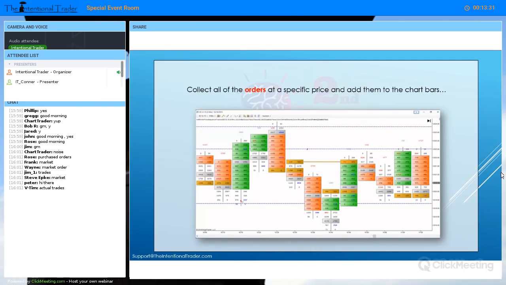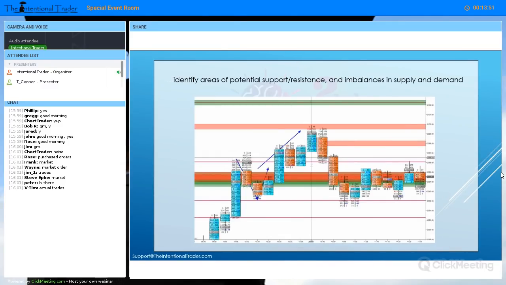We would rather think about having lots of numerical information, which removes us from having to be accountable for understanding what makes markets move. So in these charts, you're supposed to compare all these numbers on each bar so that you can pick up the areas of potential support and resistance and imbalances in supply and demand.